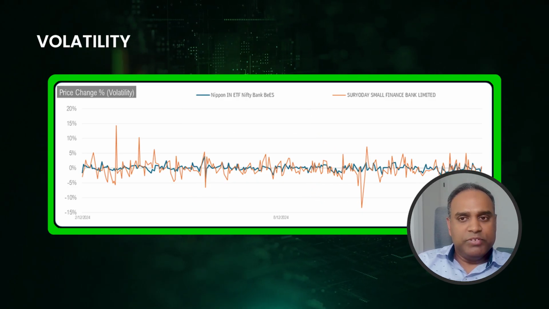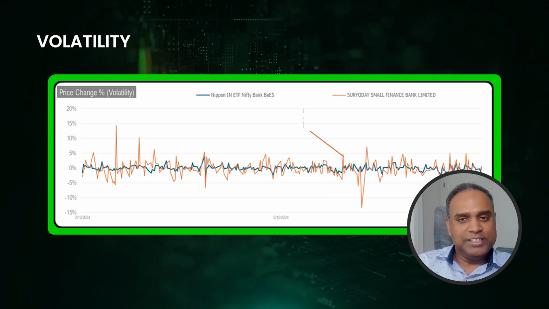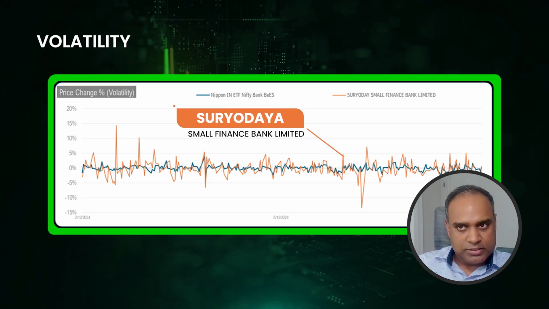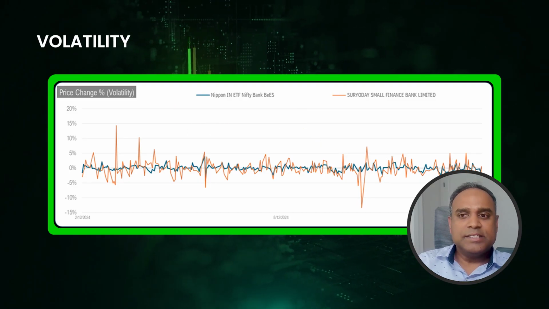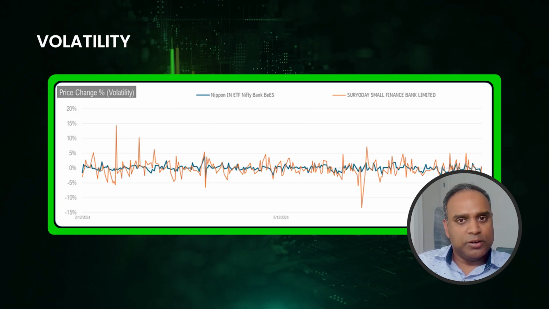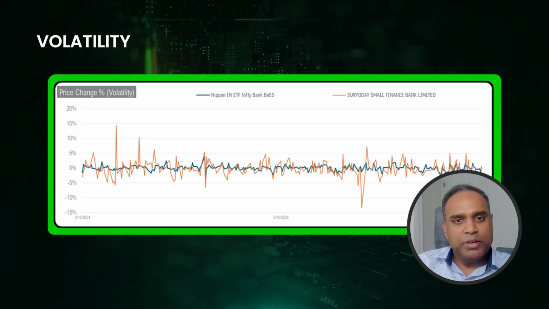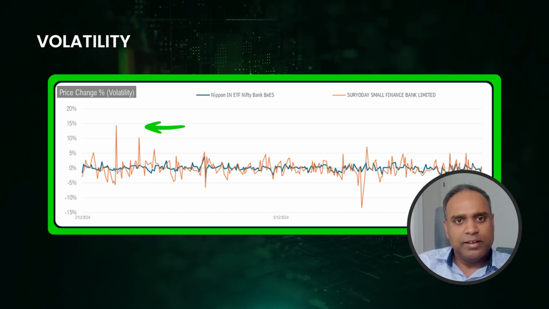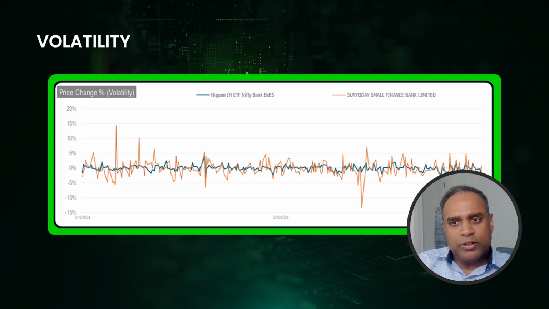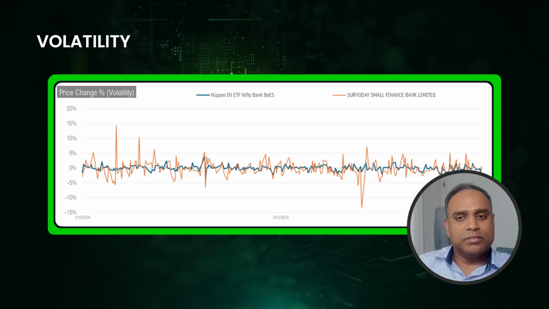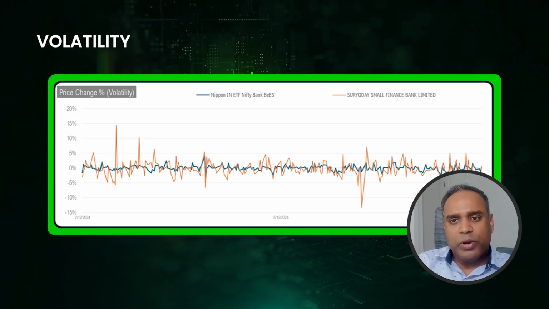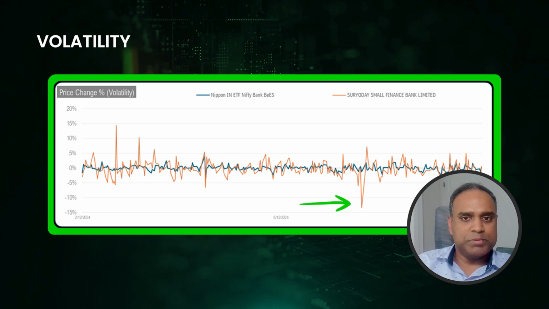One obvious thing you can see here is that the orange line, which represents the Suryodaya Small Finance Bank Limited, has more dramatic ups and downs. So the price goes up by a lot, 15% here, again another 12%, but it also has steeper drops, where it drops by 12%, it drops by 7%.